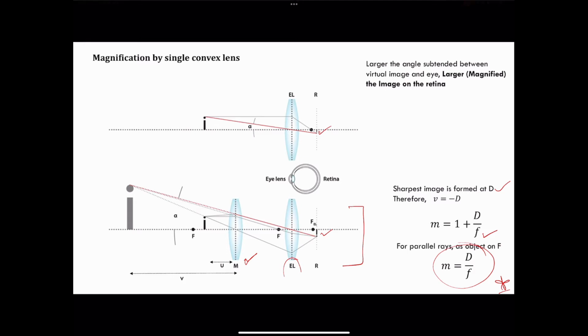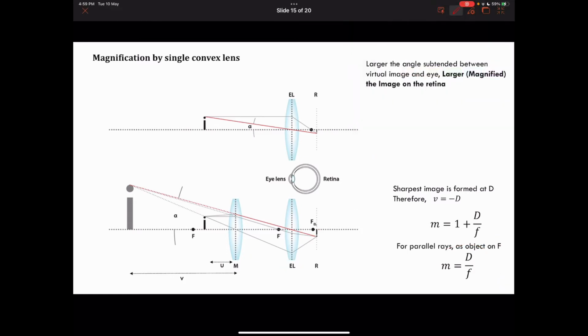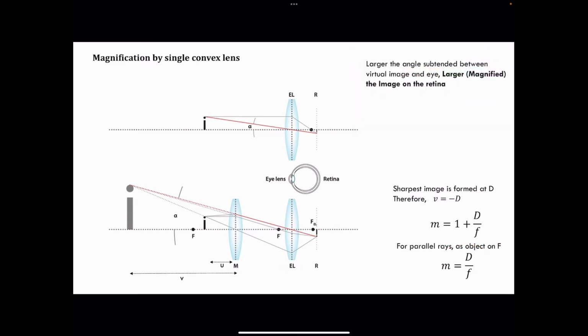I hope we are clear with this also, as to how magnification by a single convex lens in the form of a magnifying glass works for us, and how it works along with our eye lens to form a magnified image which you would otherwise not be able to see, because the image formed by only our eye lens would be much smaller than what we are able to recognize here.